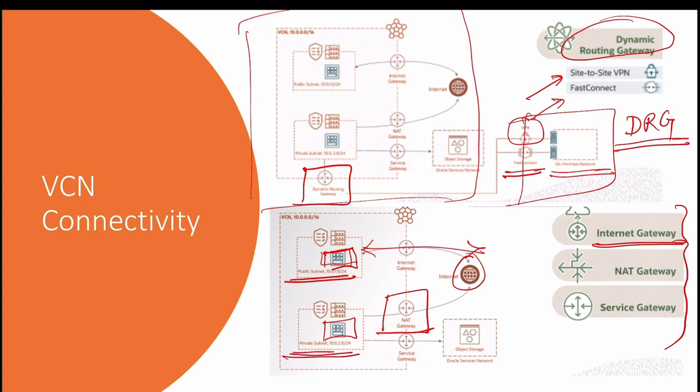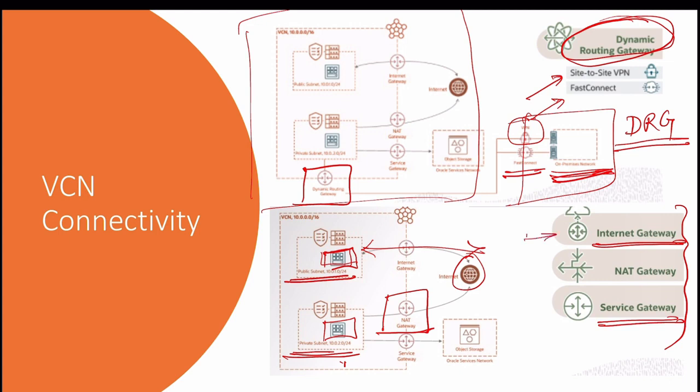Whenever our instance in a private subnet needs to use object storage or other Oracle services, we will use the service gateway. So we need to understand where to use these gateways. The dynamic routing gateway is required for site-to-site VPN connection or FastConnect. Here the on-prem can be another VCN also, or a connection between two VCNs; in that case we also require the DRG. For bidirectional communication between the internet and your OCI infrastructure, it is the internet gateway.